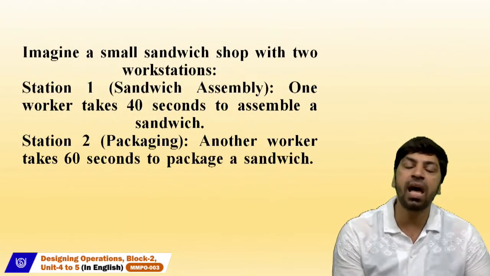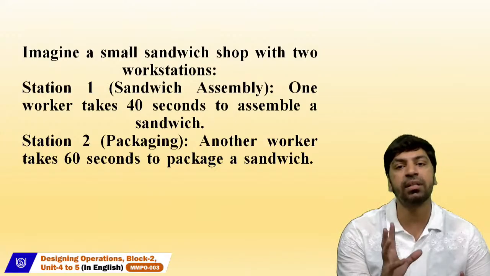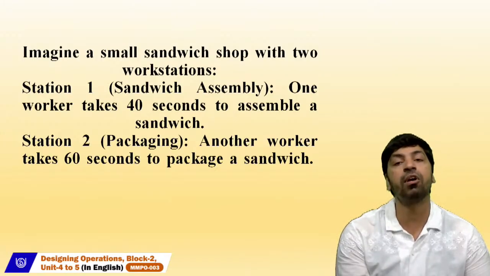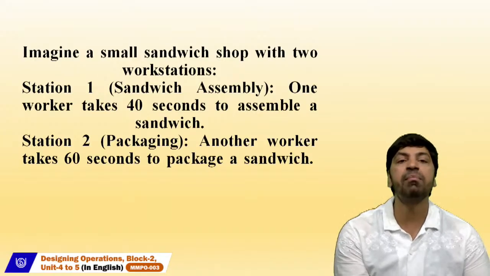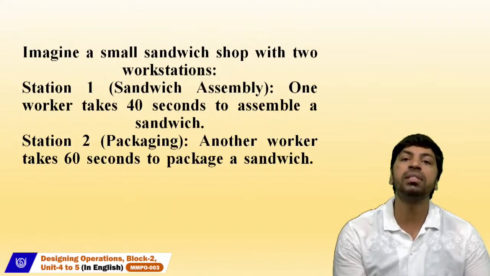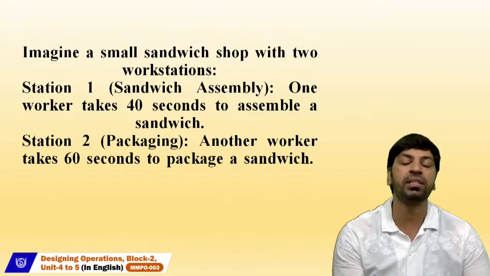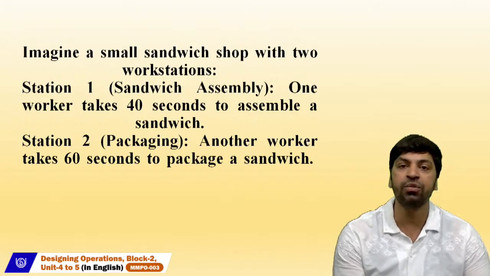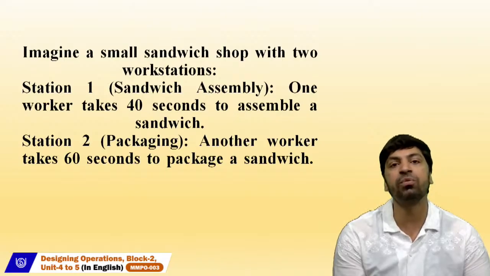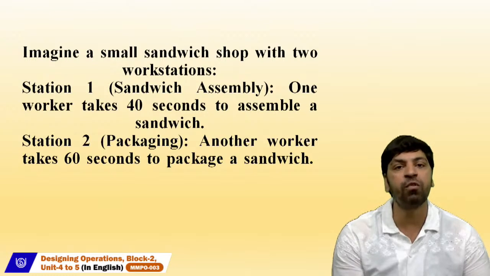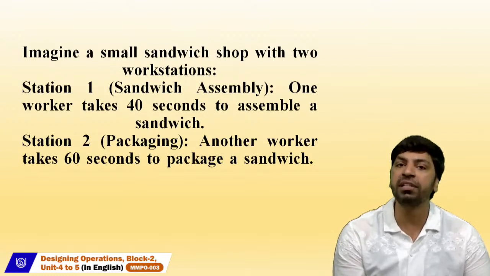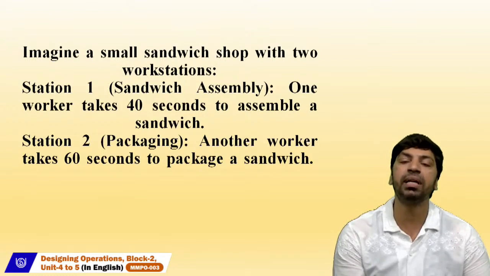Let's take a theoretical example, or conceptual framework, to understand this. Imagine a small sandwich shop with two workstations, station 1 and station 2. Station 1 is sandwich assembling, where one worker takes 40 seconds to assemble a sandwich.